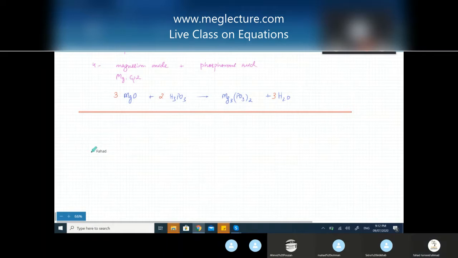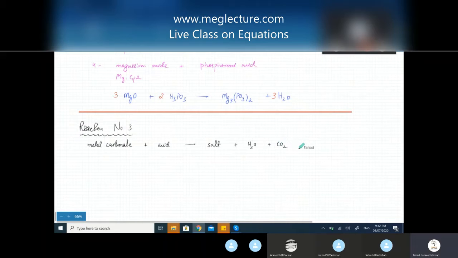So reaction number 3. Now in this reaction you have a carbonate, a metal carbonate, which reacts with an acid to produce a salt, a water molecule and a carbon dioxide molecule.